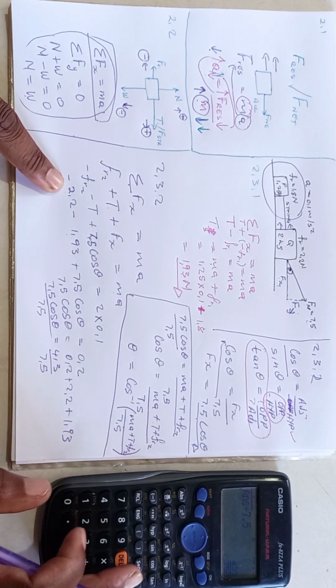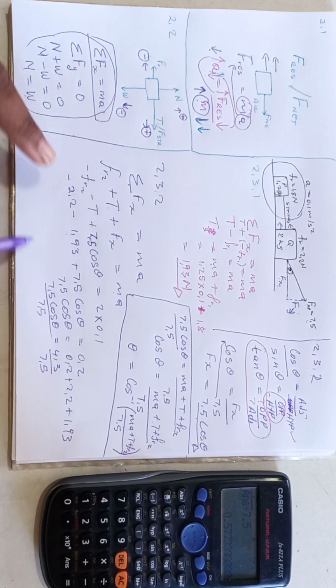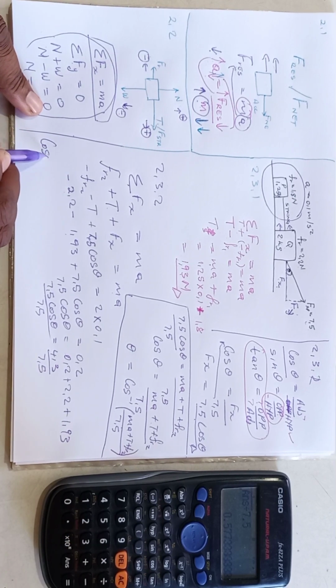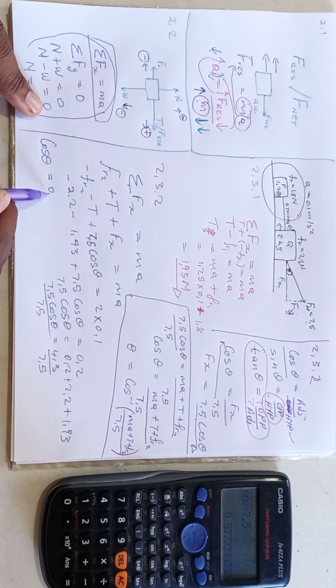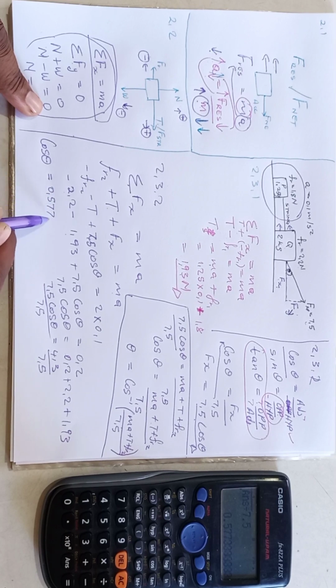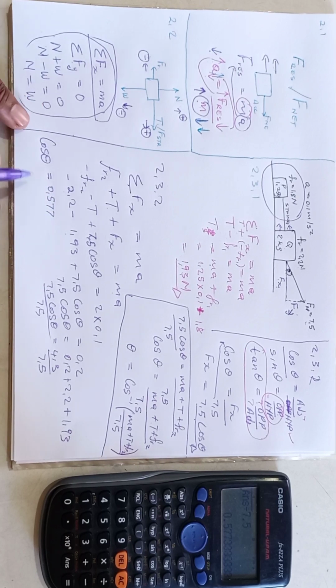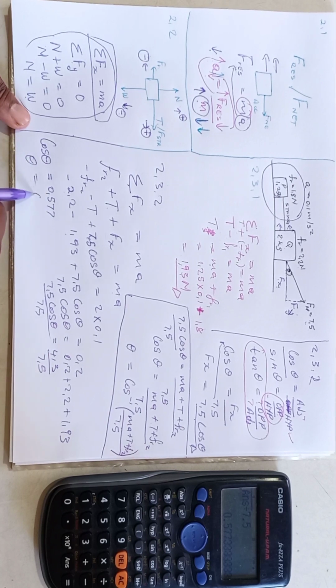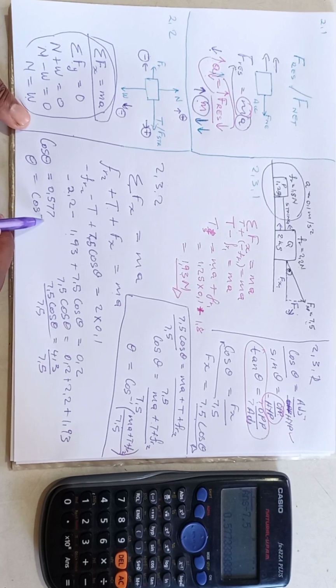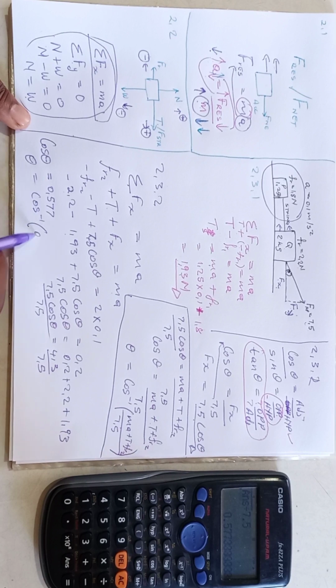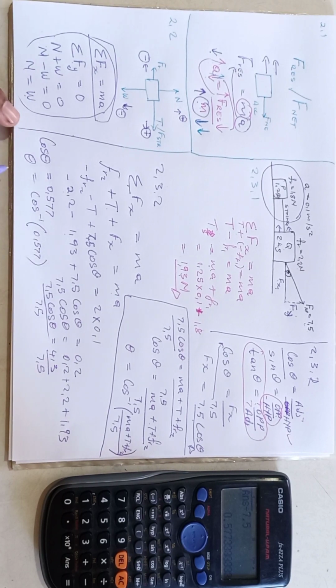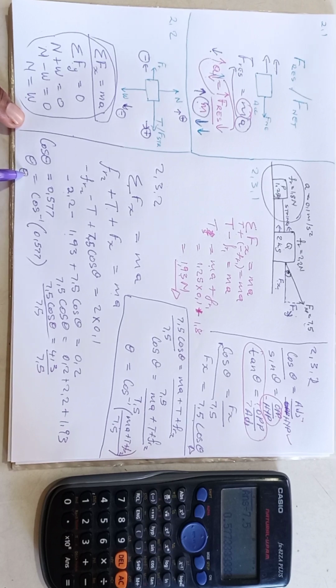That is our answer. So we end up having cos theta equal to 0,577. Now we want theta, not cos theta. So we'd say cos 0,577. Then we would get theta.